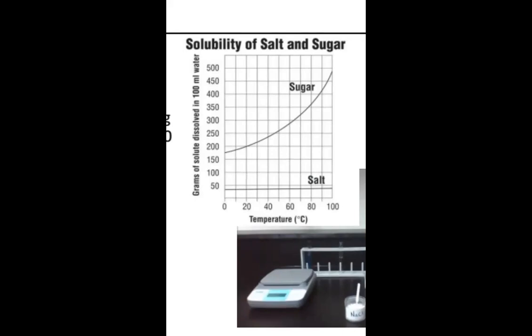So while you are plotting the graph of a solubility curve, you must put at the back of your mind that the y-axis is going to be for the mass of solids which are dissolved in a particular mass, which is 100 grams of water, while at the x-axis, you are going to have the temperature.